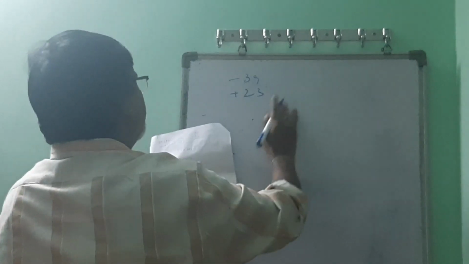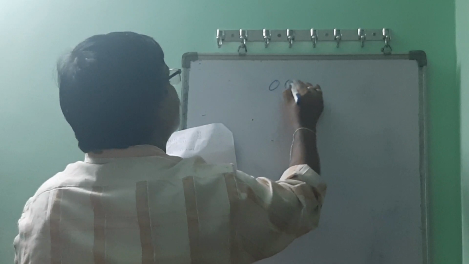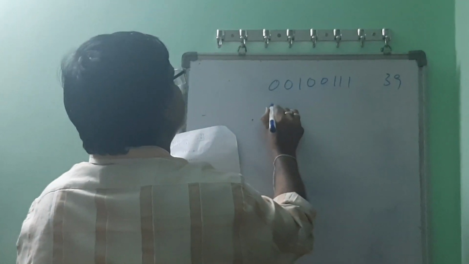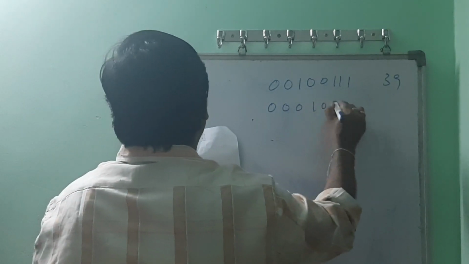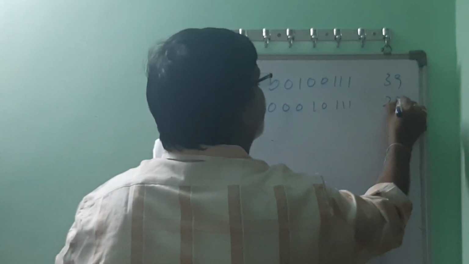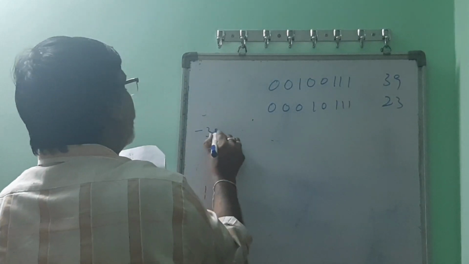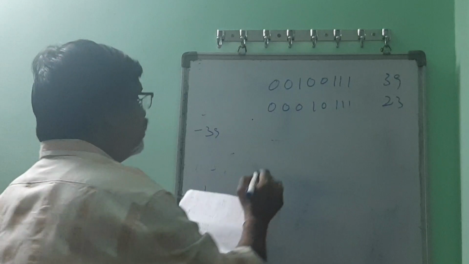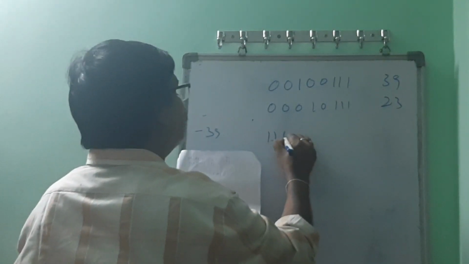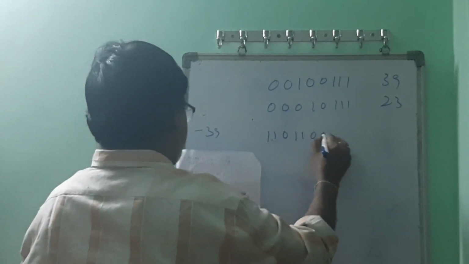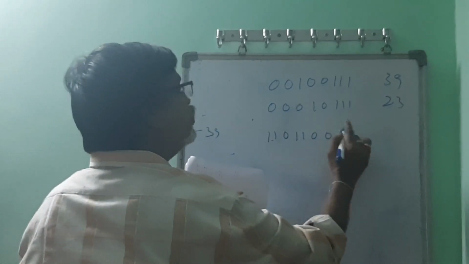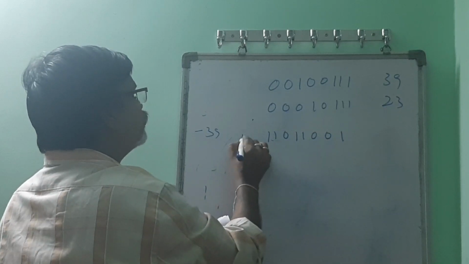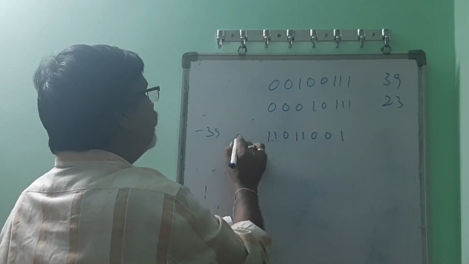So here minus 39 means, previously 0 0 1 0 0 1 1 1 is positive 39, and 0 0 0 1 0 1 1 1 is 23. So if we want to do minus 39, we have to convert that into the 2's complement. So 1 1 0 1 1 0 0 1. If it is a binary value, this is only the 1's complement. But what we need to have is the 2's complement.